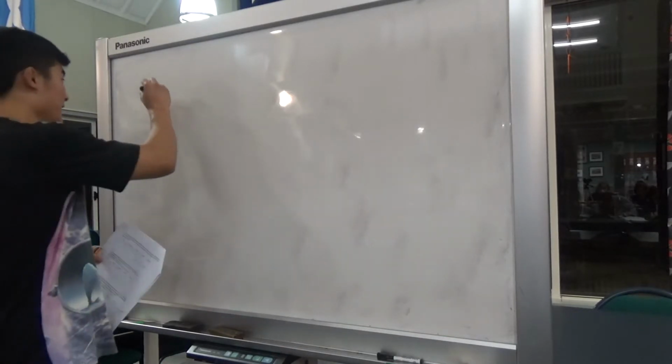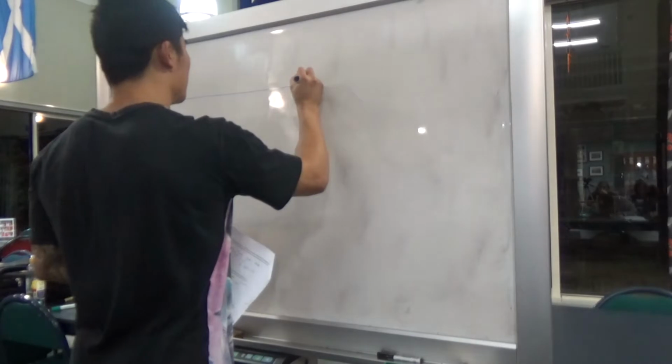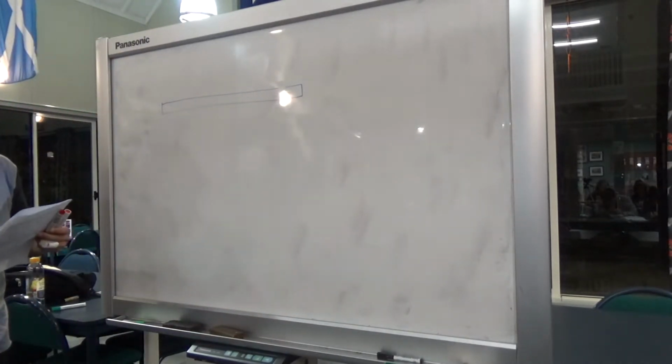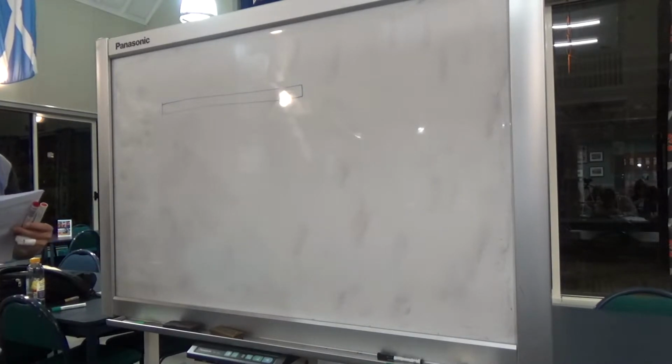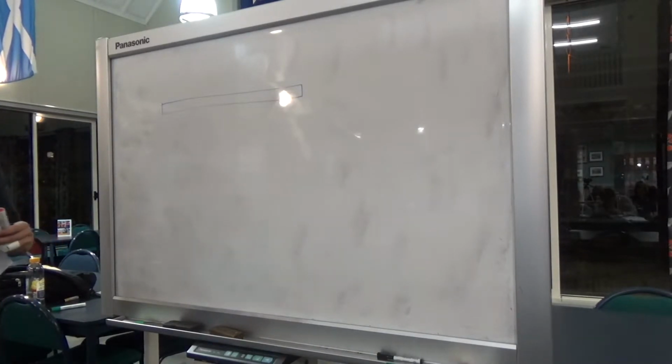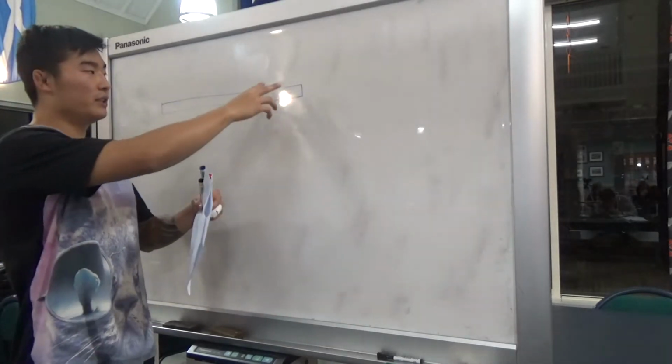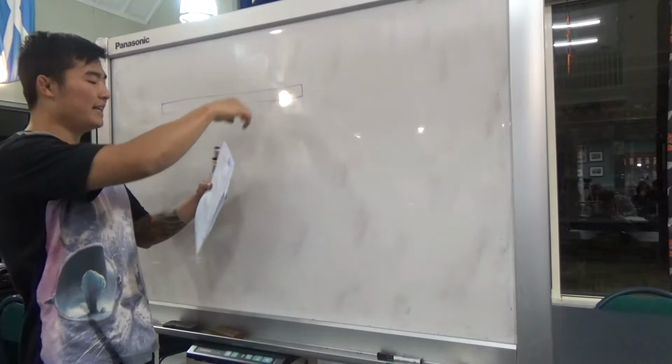So you're going to draw your plank, and then we're going to apply a force 2 meters. So we're trying to lift this end, and we're going to apply a force 2 meters from that end.